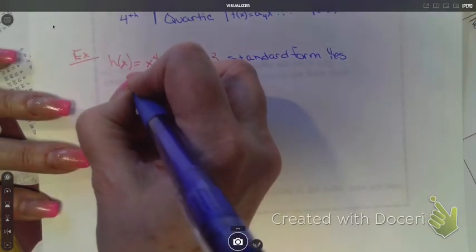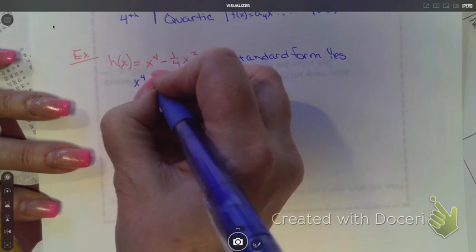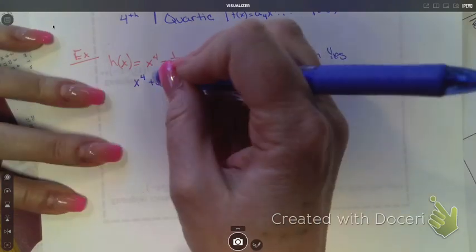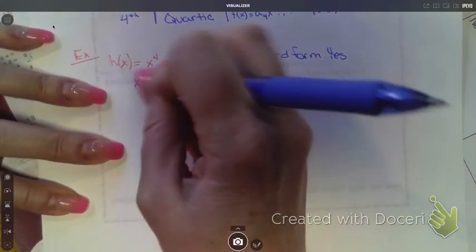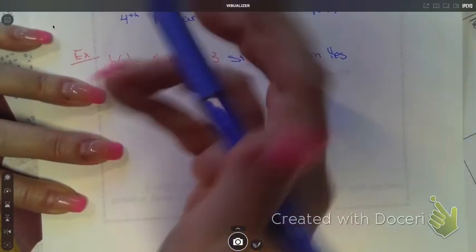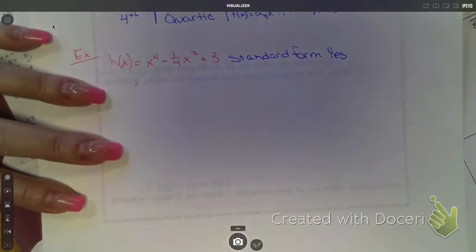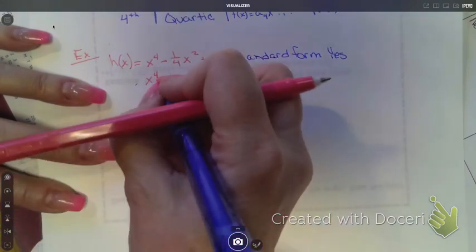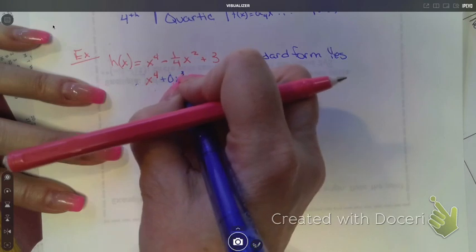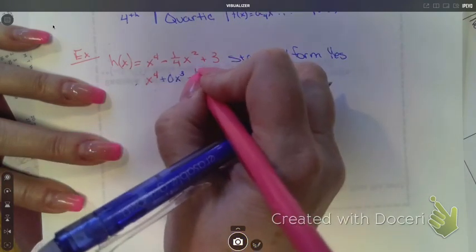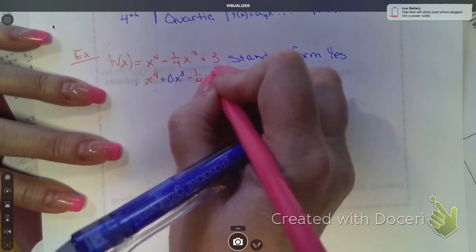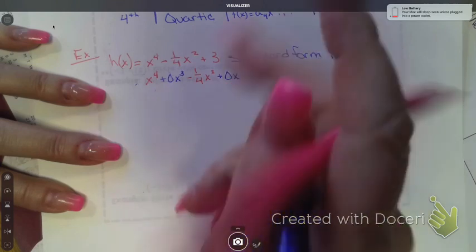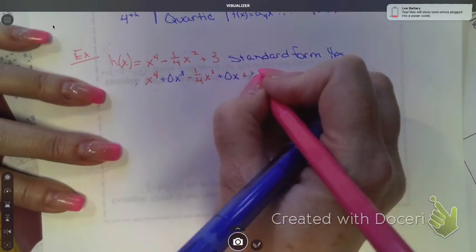I would have x to the fourth plus 0x to the third, minus 1/4 x to the second, and I'm missing the first, so plus 0x, plus 3.